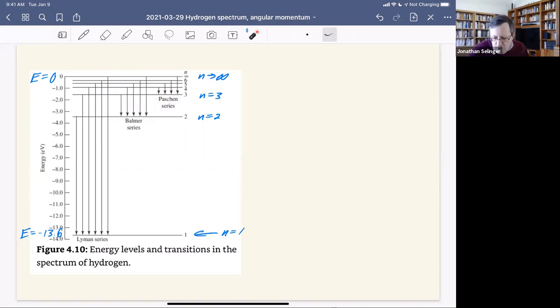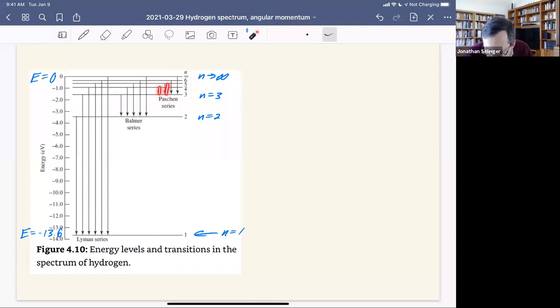And so if you look at all the ways that the electron can release energy by making a change from a higher level to a lower level, you can see that there are some big jumps when the electron goes from 2 to 1, or 3 to 1, or 4 to 1, right? Anything to 1, right? And then there's a smaller set of jumps here where it goes from something to 2.